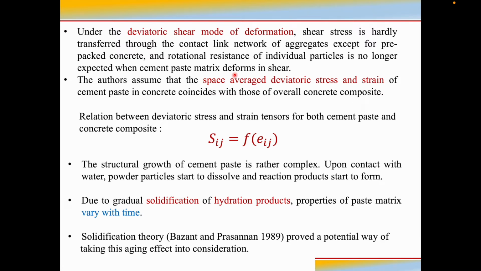The authors assume that the space average deviatoric stress and strain of cement paste in concrete coincides with those of the overall cement composite. So the relationship between deviatoric stress and strain tensors for both cement paste and concrete composite can be written like this. F is a function that shows the relationship between stress and strain tensors, which we will talk about in the next slide.